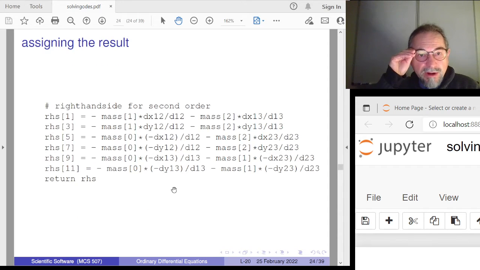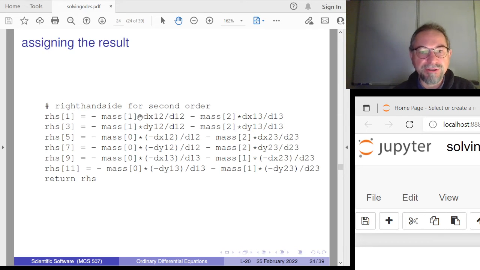Okay, so then the right hand side. The masses were all actually 1, but it's good to define this a little bit more in generality. So the right hand side vectors now. These are the original right hand side vectors. The second component of the right hand side is the acceleration of the first component of the first body.